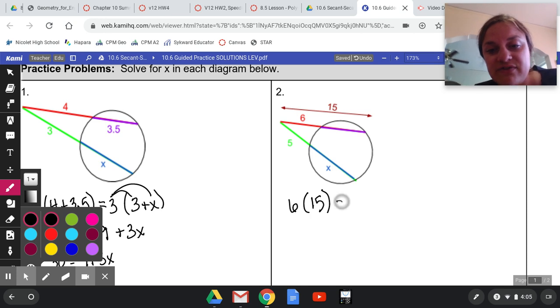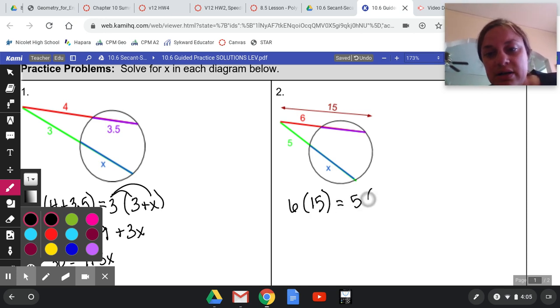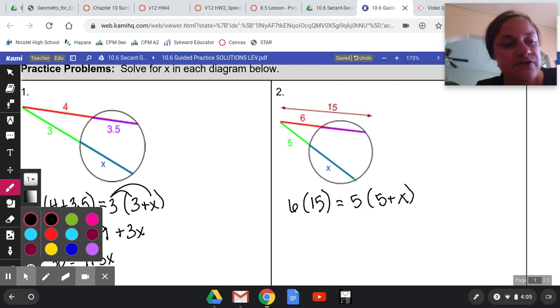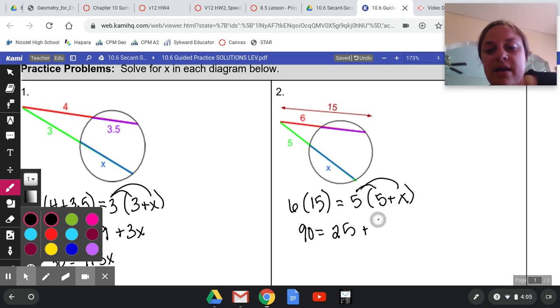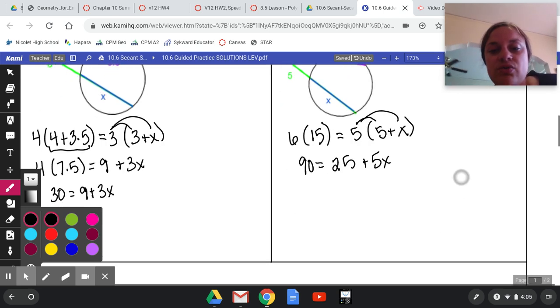So 6 times 15 is equal to 5 is the outside part of the second one times 5 outside plus x inside. Gives me the whole. So 6 times 15, is that 90? Yeah, it is 90.